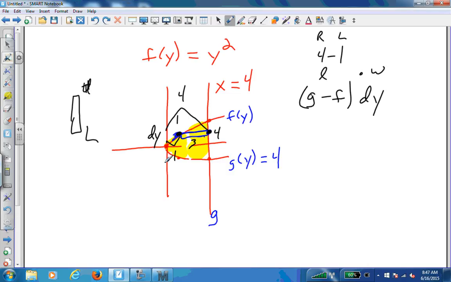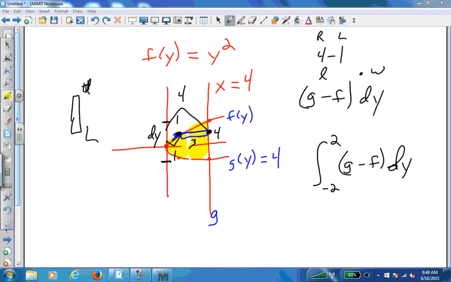So we would integrate from here to here. Down here in the y direction was -2. Up here in the y direction was +2. The area of one of those rectangles is G minus F dy.